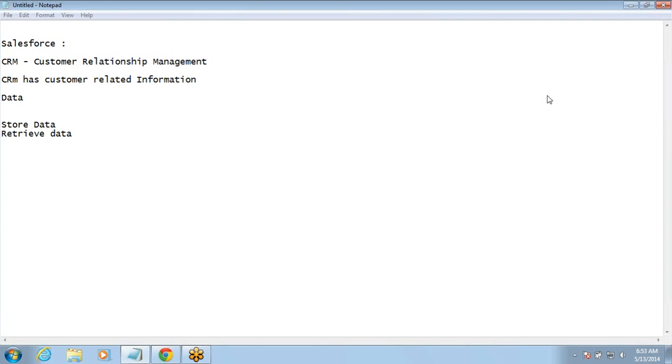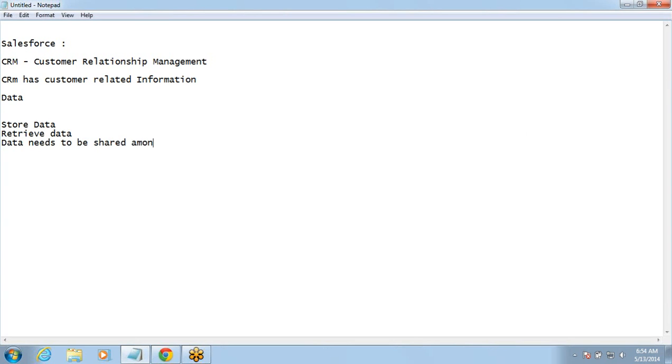So quick retrieval of the data is required. Data needs to be shared. Retrieval is one attribute. The other attribute required from a CRM is that it needs to be shared within your team, among different members.